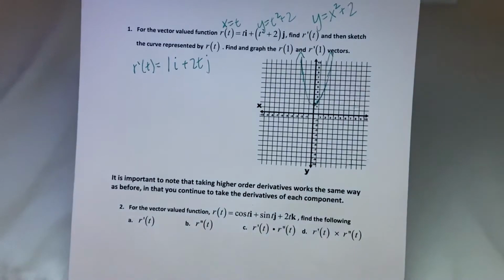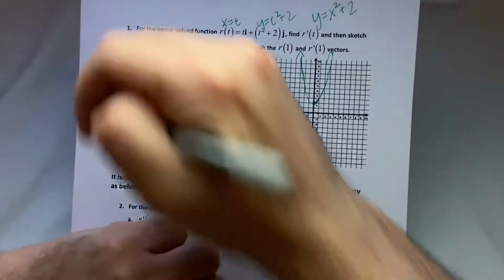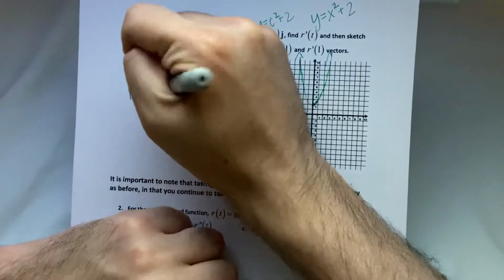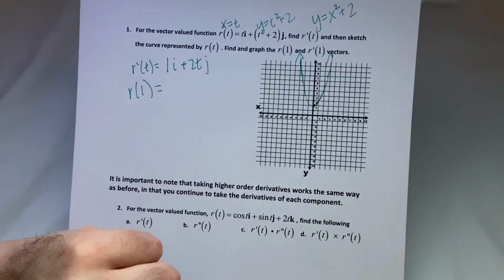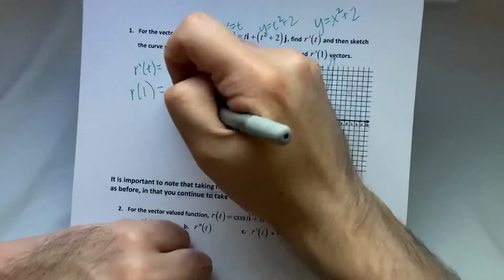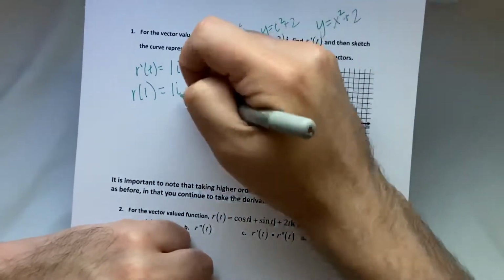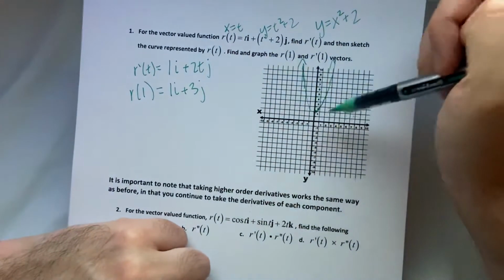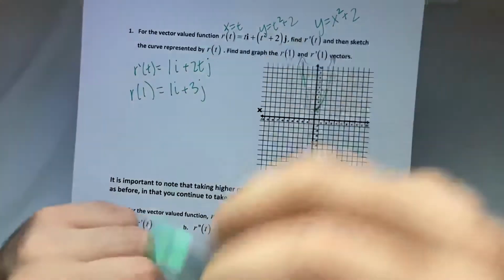Now, what about the derivative? Let's confirm r of 1, since it asks for 1. R of 1, based on this equation, is just 1i plus 3j, which confirms when t is 1, we should be at the point (1, 3), which is here.